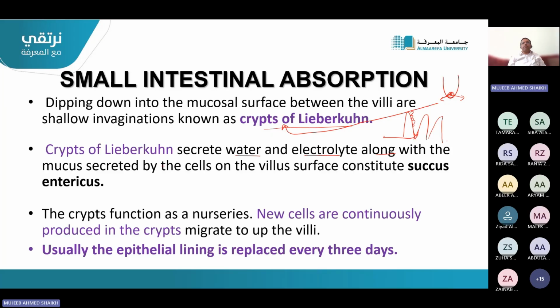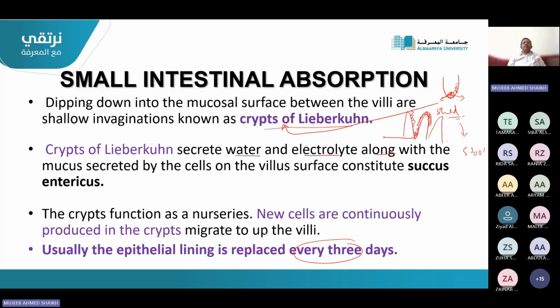Also, crypts of Lieberkühn are the places where the new epithelial cells are forming. So new epithelial cells are forming here, and they will move up, reaching to here. And after 3 days, this whole surface, all these epithelial cells, will be shed and come out in the stool.